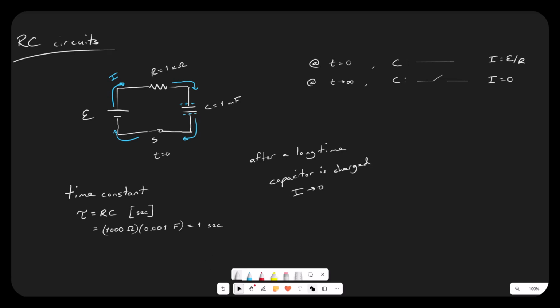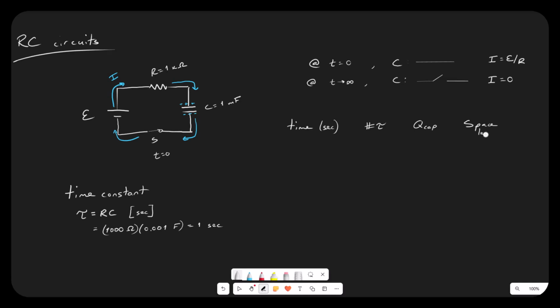Now I want to see what this time constant actually means, like what it does. So let's make a column for time, a column for number of time constants. We will say the charge on the capacitor, Q cap, and we will say the space left on the capacitor.